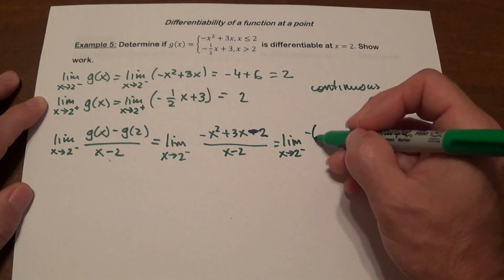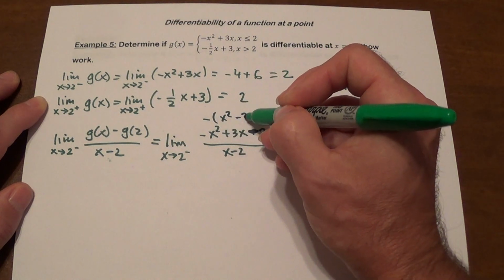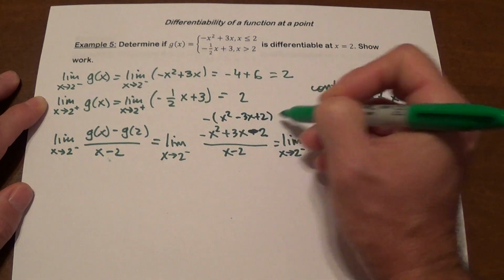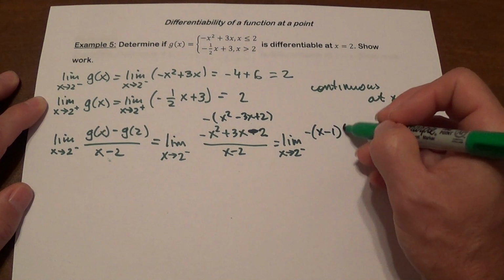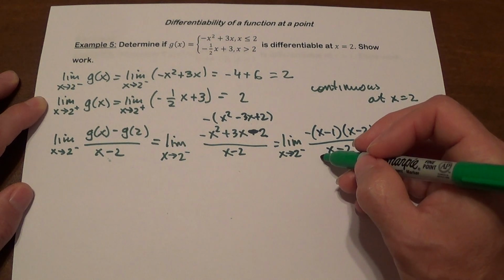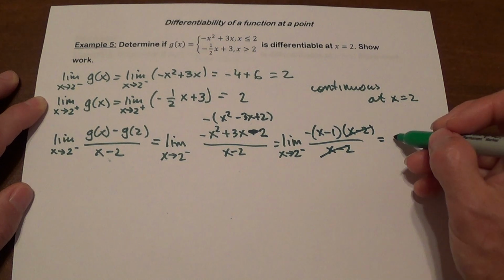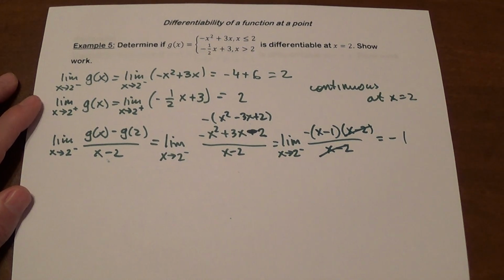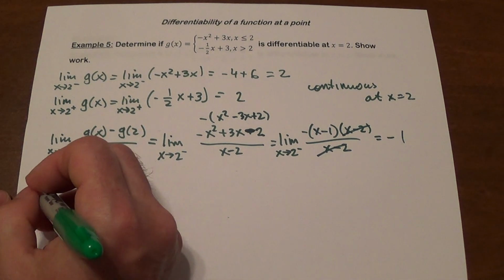If I factor out the negative sign, this is negative of x squared minus 3x plus 2. And this can be factored as x minus 1 times x minus 2 divided by x minus 2. So x minus 2 cancels. Using direct substitution here, we are going to get negative 1.